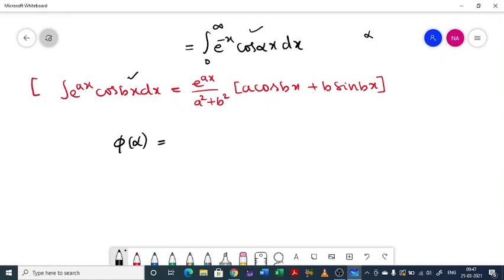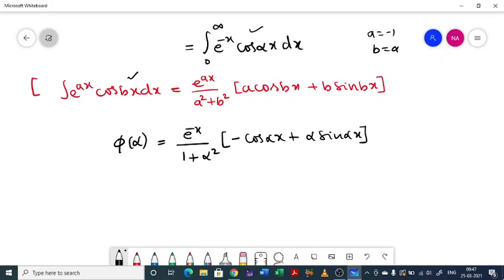Here we get by comparison a equal to -1 and b equal to alpha. So with suitable substitutions, this will be e power -x divided by -1 whole square, that is 1 square plus alpha square, times a cos bx, that is minus cos alpha x, plus b sin bx, alpha sin alpha x. This should be evaluated between 0 and infinity.